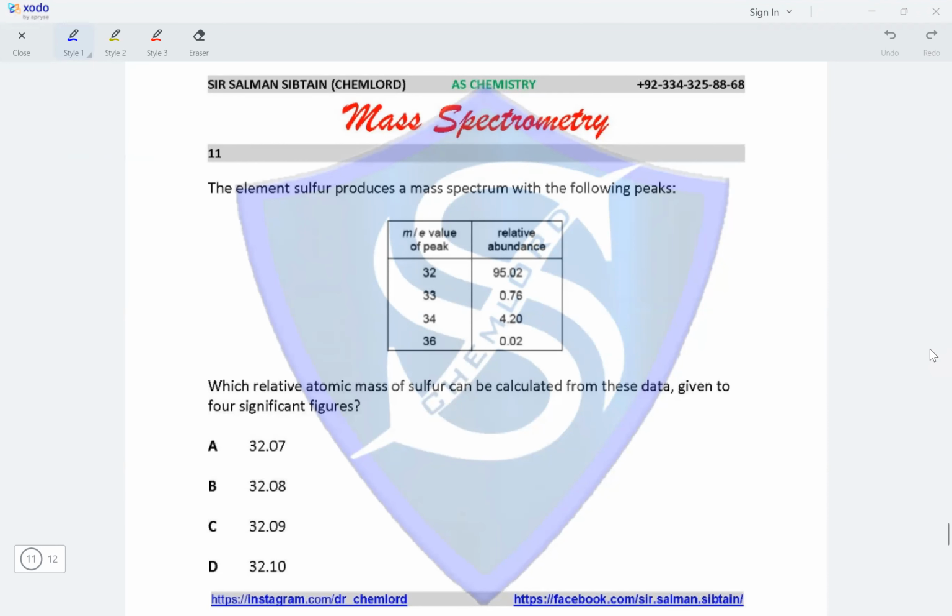Question 11. The element sulfur produces a mass spectrum with the following peaks. Which relative atomic mass of sulfur can be calculated from these data, given to four significant figures?